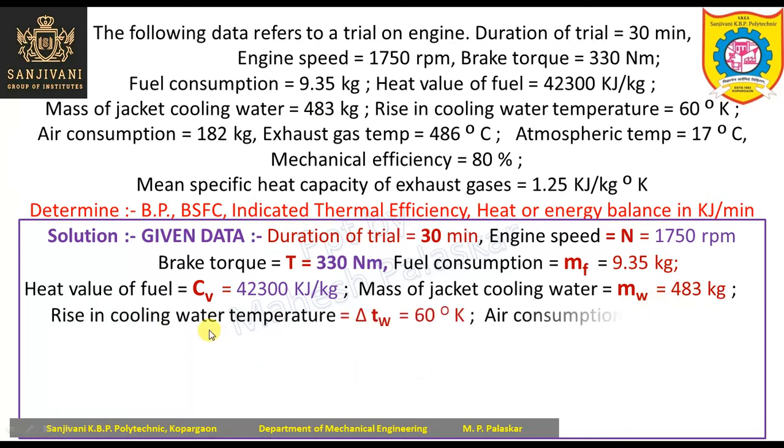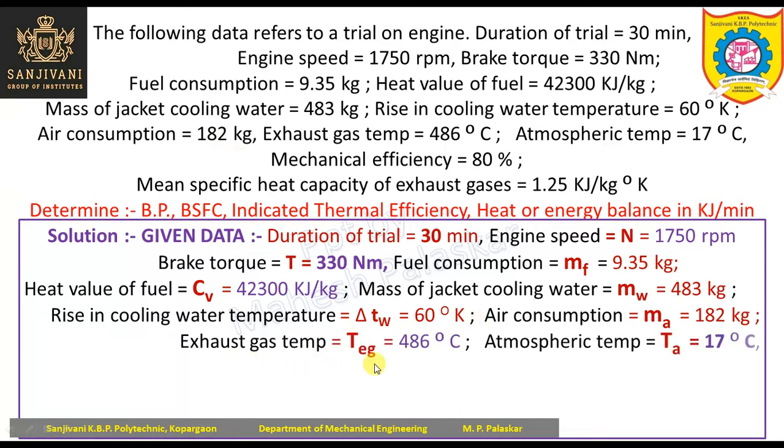Then the rise in cooling water temperature is given as 60 degree Kelvin. The air consumption, or the mass of the air which is consumed by the engine in 30 minutes, is 182 kg.